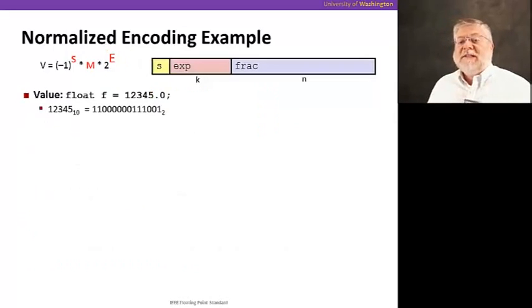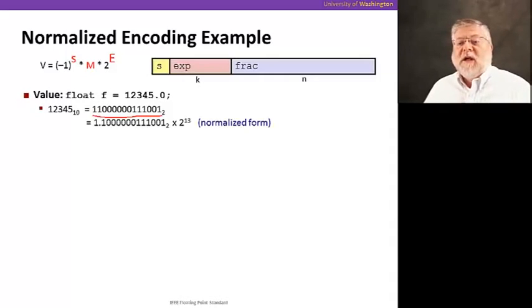All right, so let's look at the floating point number 12345.0. Remember, that is that same old bit pattern for 1, 2, 3, 4, 5. And now we have to normalize it, put it in a form where the significand starts with 1 point. So the way we would do that is by moving that binary point 13 positions over to be right after the leading 1, and then we have an exponent of 2 to the 13th.